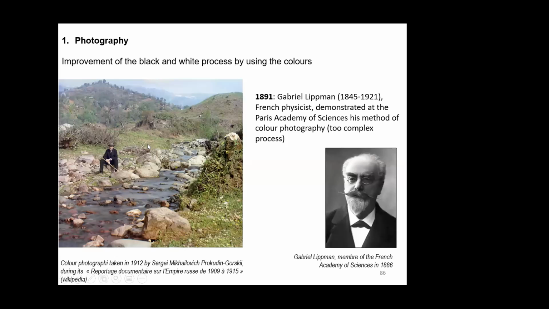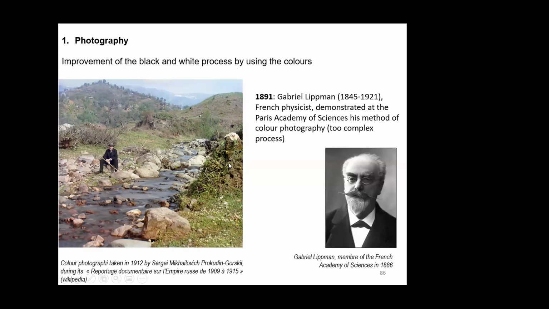And you see in 1912 here a very nice color picture taken in Siberia by Prokudin-Gorsky, a kind of journalist working in Russia just before the Russian Revolution.